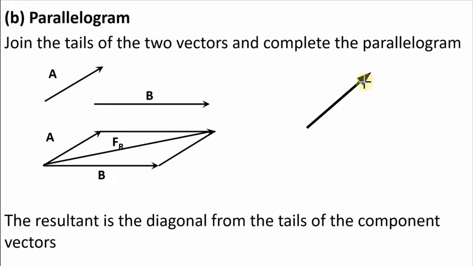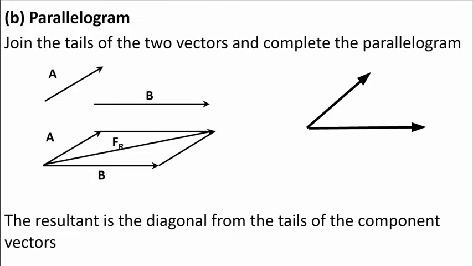Since 4 meters cannot be put on paper, you reduce 4 meters to 4 centimeters, and 6 meters to 6 centimeters. You put this side 4 centimeters, then 6 centimeters.